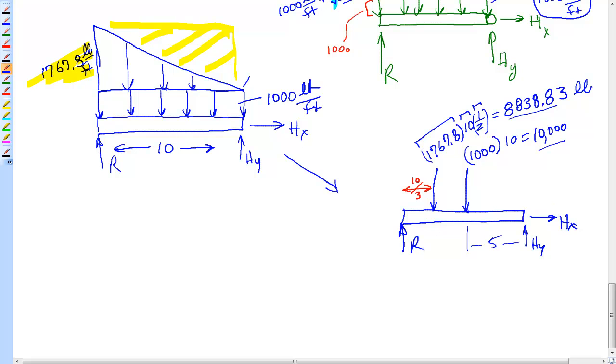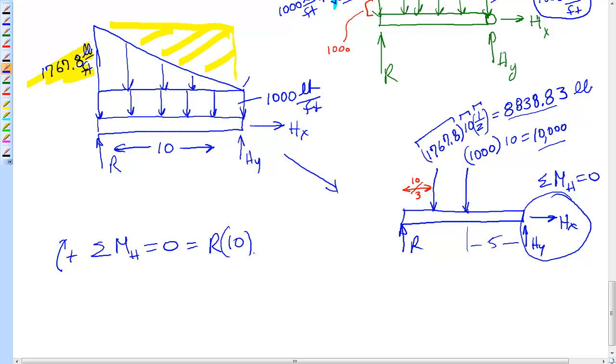And I have 3 unknowns. However, as always in here, you can sum the moments about the hinge and you can work them out. Sum the moments about the hinge, making that plus, say, for just no particular reason, R times 10 minus 10,000 times this distance, which is 5.